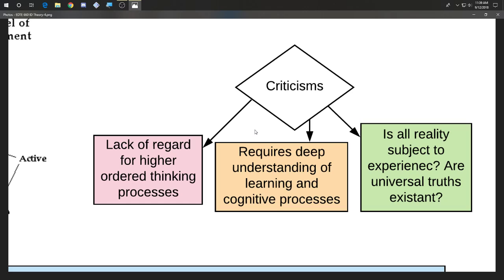Now, a criticism of constructivism, which is my question that I posed in the discussion board, is this: if we only experience reality through our senses and our experiences, and our senses are inherently fallible, that means we experience reality in an inherently fallible way.